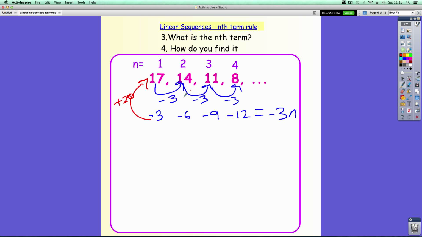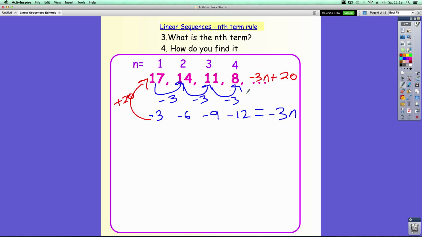And you can, if you need to, use your number line and you'll see minus 6 plus 20 will get me 14, minus 9 plus 20 will get me 11, and so on. So my sequence on the top now becomes minus 3n times tables plus 20.